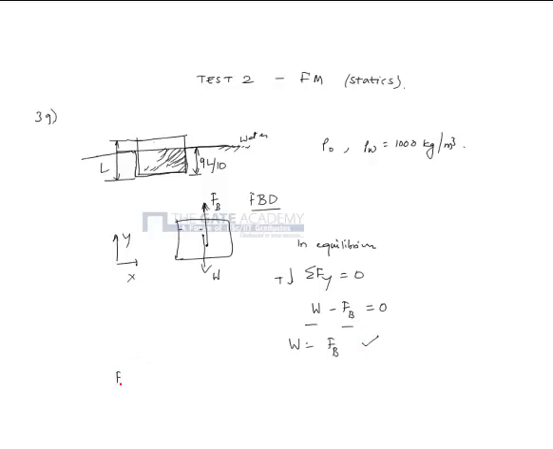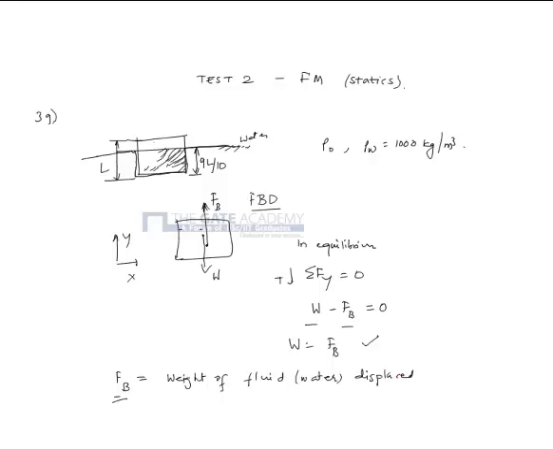So now what is the buoyancy force? How do I compute it? The buoyancy force is nothing but the weight of the fluid, which is the water in this case, displaced.